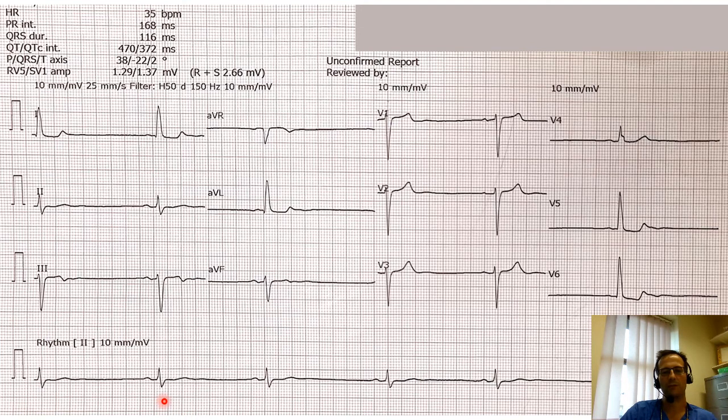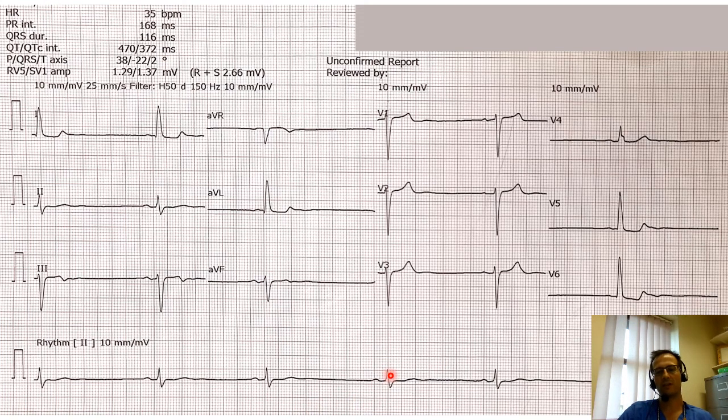Well, you can divide 300 by the number of large squares between complexes, or quickly on an ECG with few complexes like this, you can count the number of complexes, which is 6, multiply by 6 because this is 10 seconds of recording, and get 36, which is basically the heart rate which the computer has calculated.